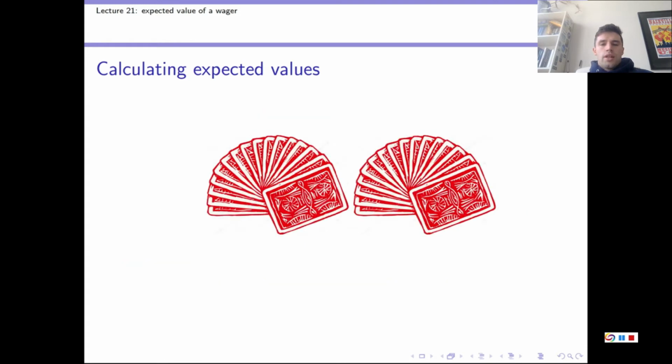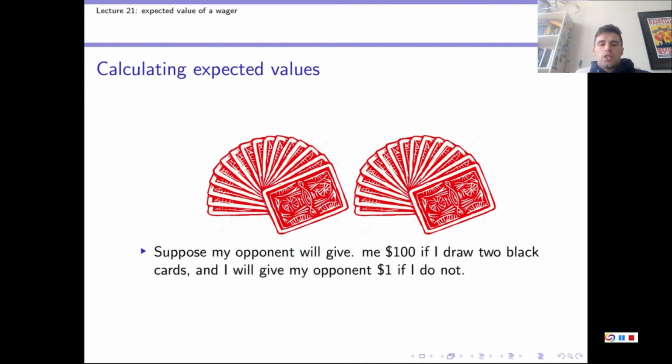Now, of course, there are also wagers that aren't fair, so let's have a look at what one of those would look like. Let's suppose again that we're drawing a card from 2 randomly shuffled decks without jokers, one after the other. Suppose this time though that the wager changes. So suppose this is the new wager.